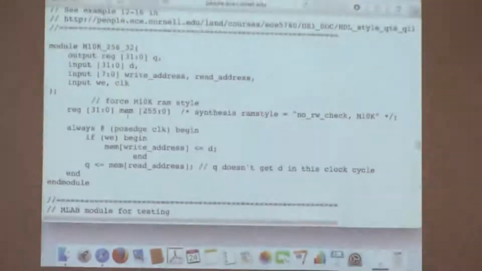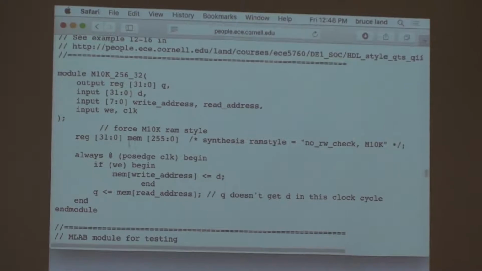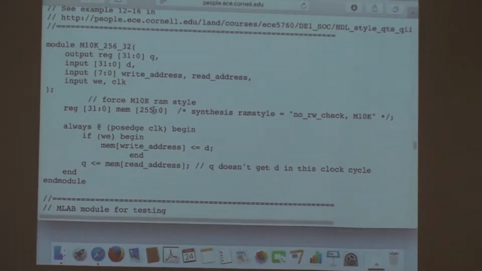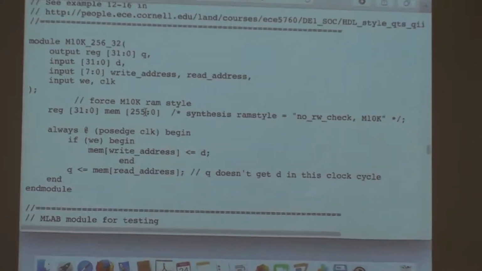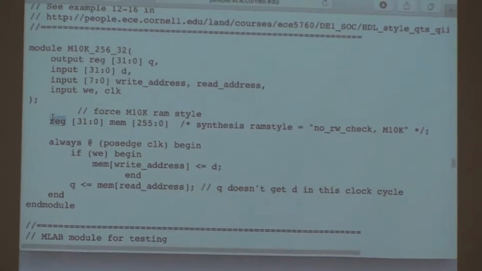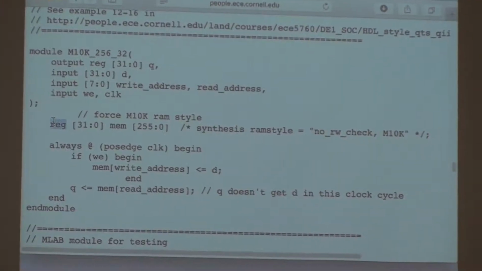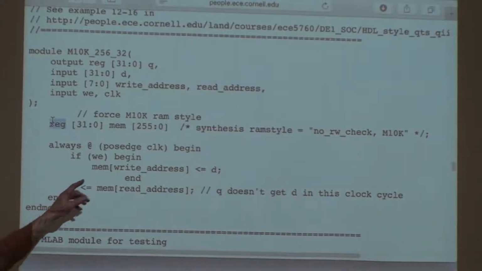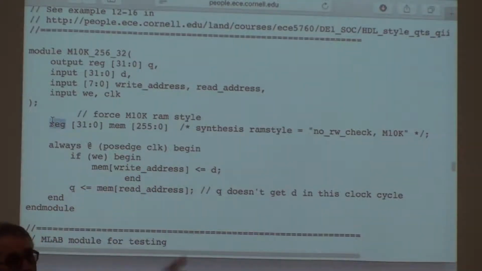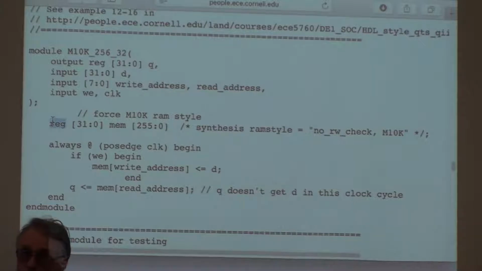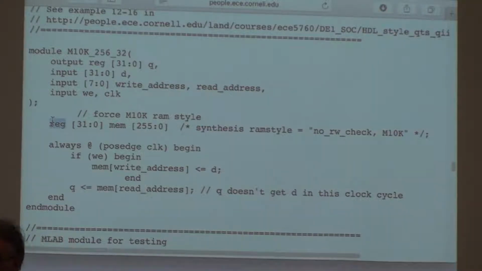If you were to specify here 32 bits by 256 words, that just fills one M10K block. If I'd made this 1024 words, it would have used 4 M10K blocks and generated the necessary address circuitry to hide that from you.